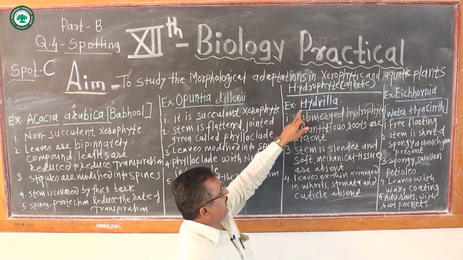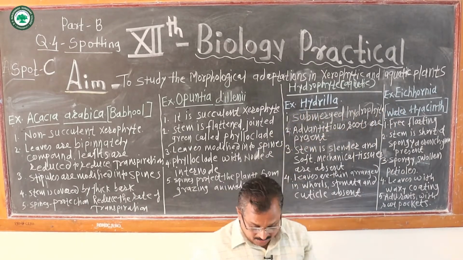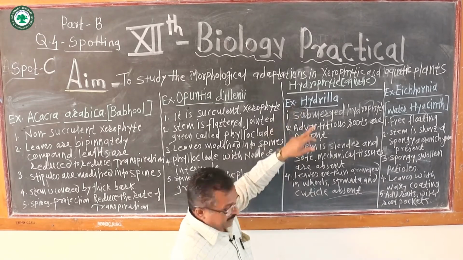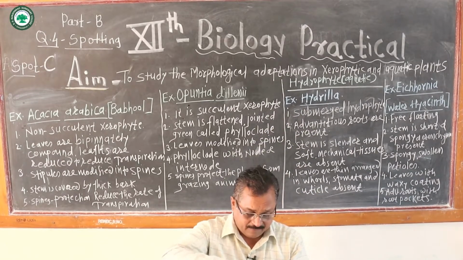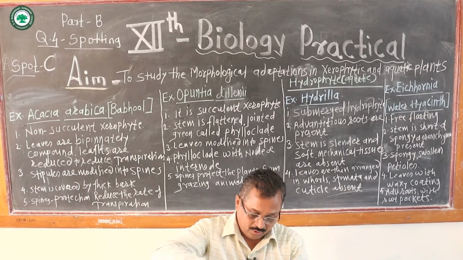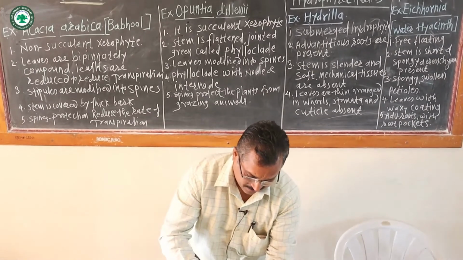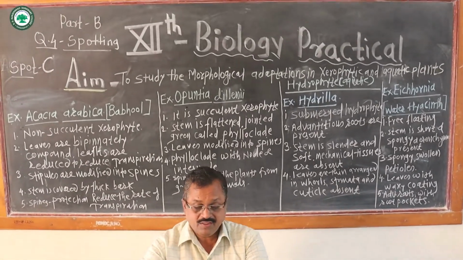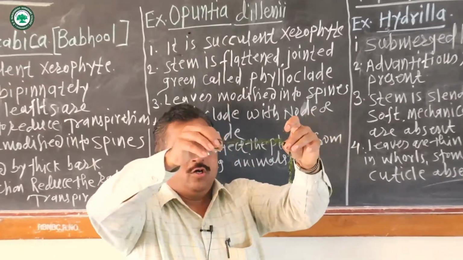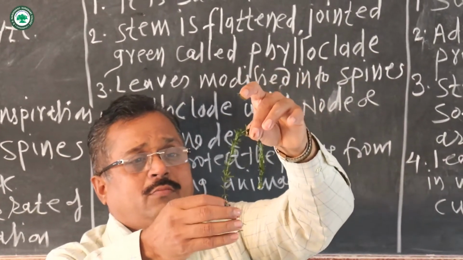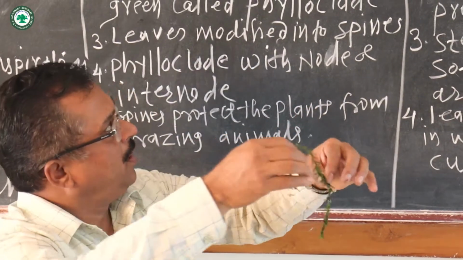For example, Hydrilla and Eichhornia. Hydrilla is a submerged hydrophyte, not xerophyte. Submerged hydrophyte. It is present in a body of water, in submerged condition.